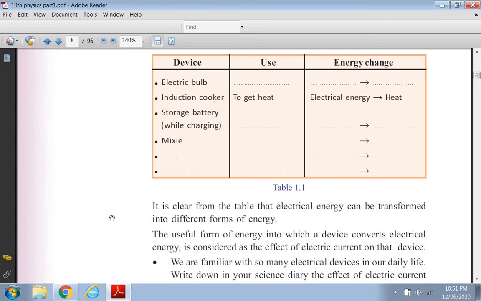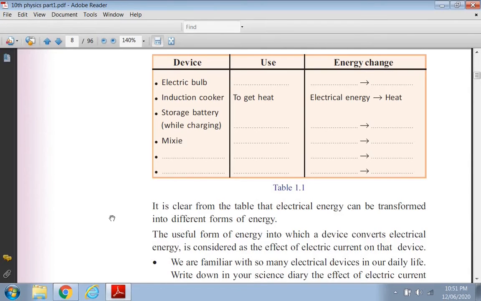For the case of induction cooker, we use it to get heat. What kind of energy change happens here? Electrical energy to heat energy. For the storage battery, we have to remember what kind of energy change happens while charging, and what kind of energy change happens while discharging.